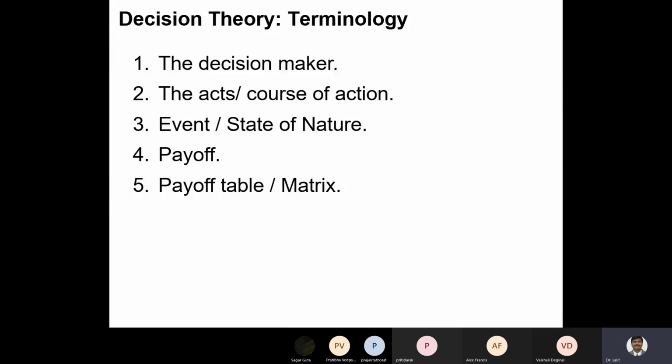Now, if we represent these payoffs in a rectangular array or rectangular table, two-way table, then that table is called as payoff table or payoff matrix. So basically, what is payoff? Payoff represent the gain or loss or revenue or cost associated with a particular course of action and the corresponding state of nature or corresponding event.